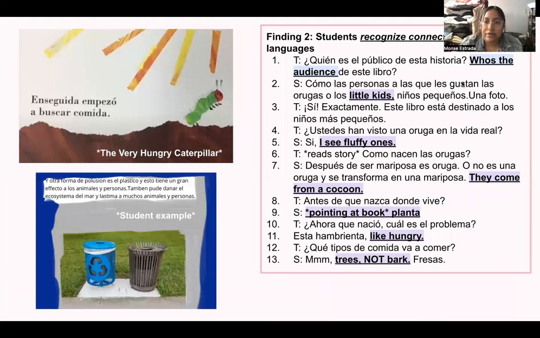So finding number two, students recognize connections within languages. What I love about this finding as well is you can see the parallel between The Very Hungry Caterpillar on top and the student example on bottom. What is really awesome, if you speak Spanish, you notice the parallels between the languages because even in the very first sentence, the words aren't spelled perfectly in Spanish, but it's because this student is writing it as if it was in English.